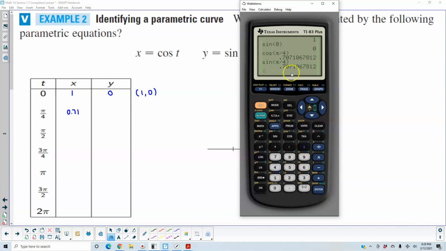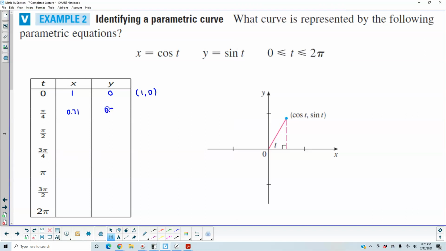Well, that's going to give us also 0.71. Okay, what is the cosine of pi over 2, which is the cosine of 90? Well, we should know that that is 0. And the sine of pi over 2 is 1.